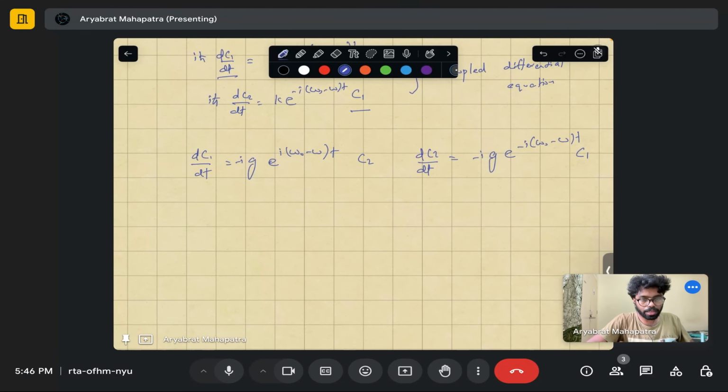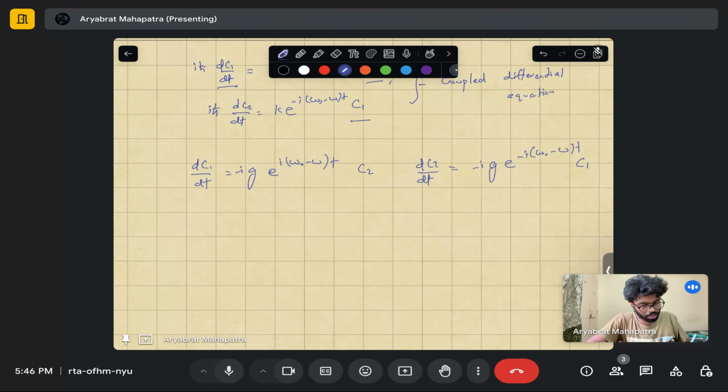To decouple these two equations, I have to take the derivative once again.